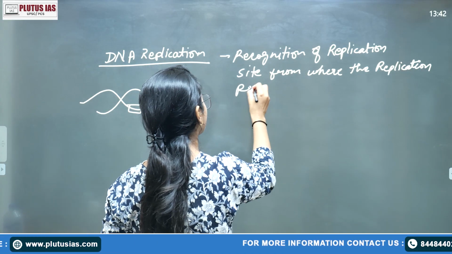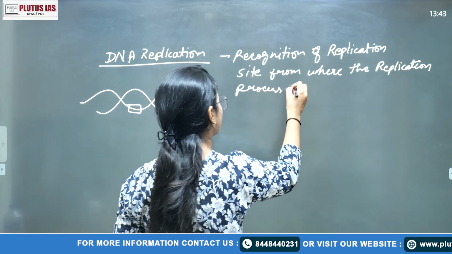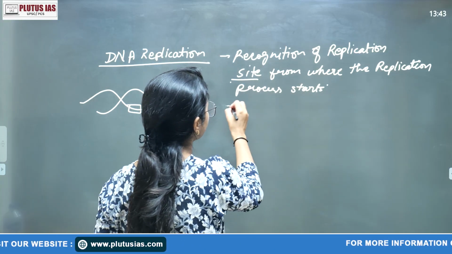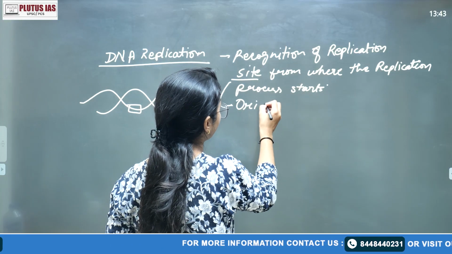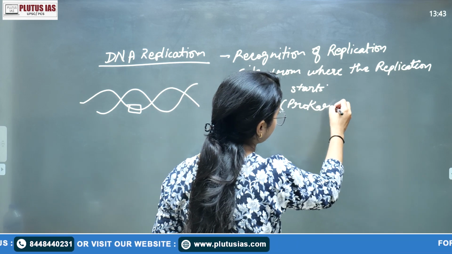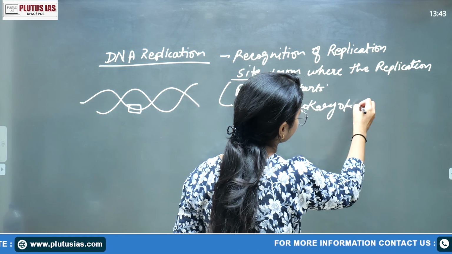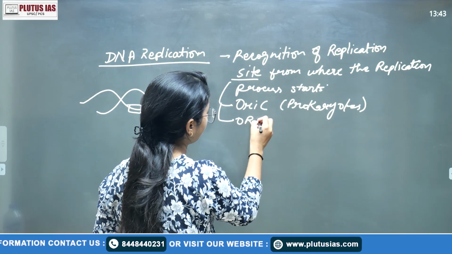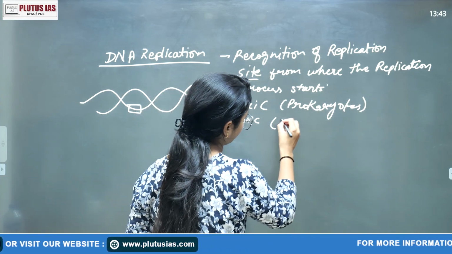That site is known as ORI C in prokaryotes, and ORC, the origin of replication complex, in eukaryotes.